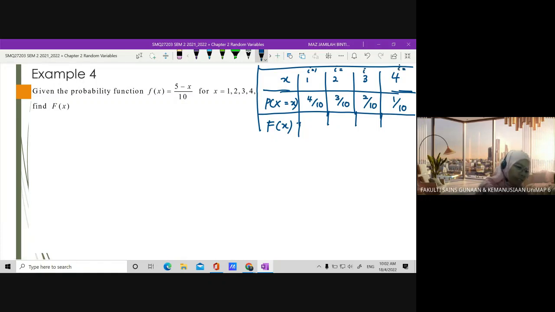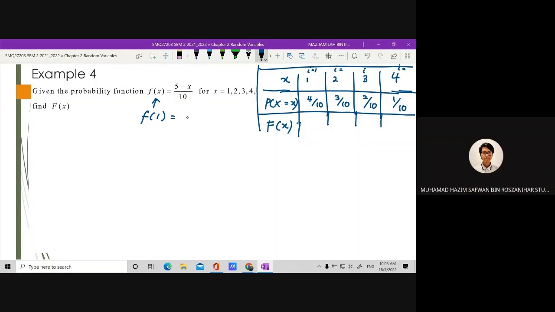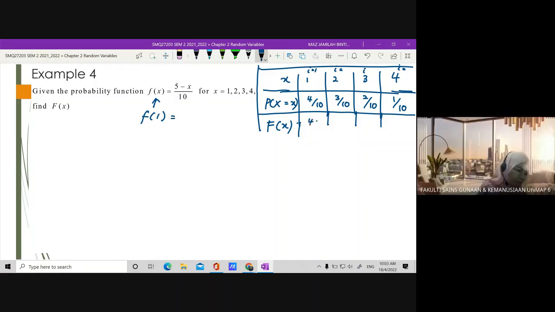Okay, so in this case we begin from F(x) equal to 1. How do we calculate? F(1) will be what? 4/10. Yes, 4/10.